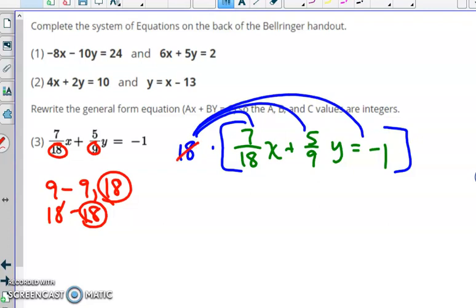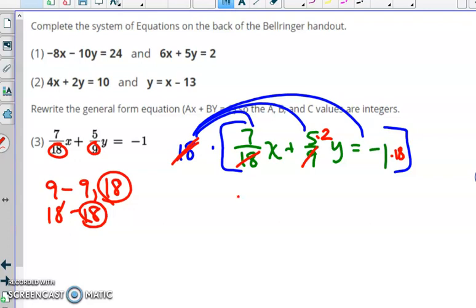So 18 divided by 18 is 1. 18 divided by 9 is 2, so we've got a factor of 2 left over in the second term. And then 18 times negative 1 is negative 18. So there's no fraction here.